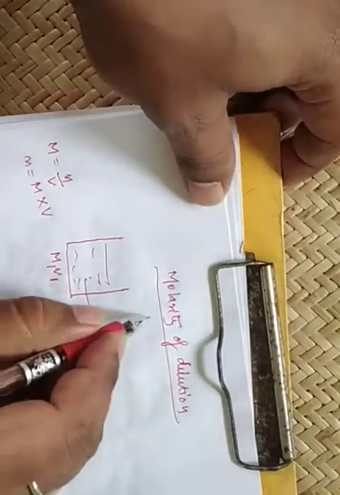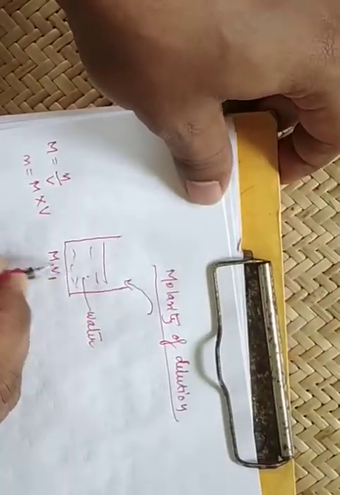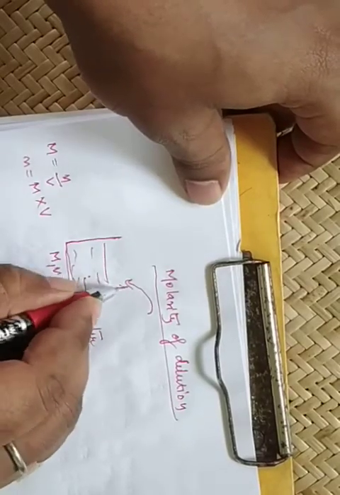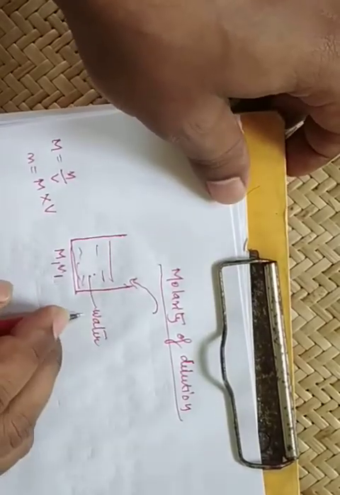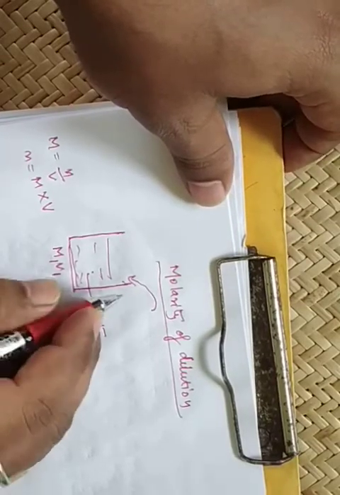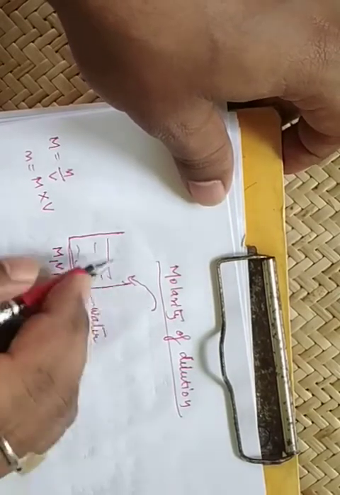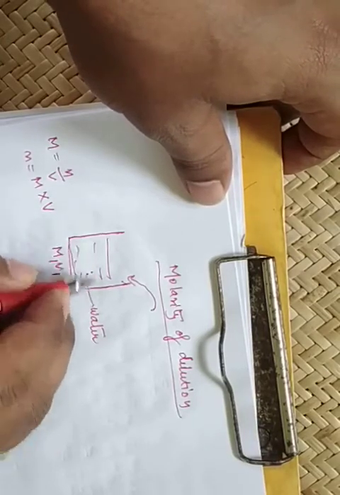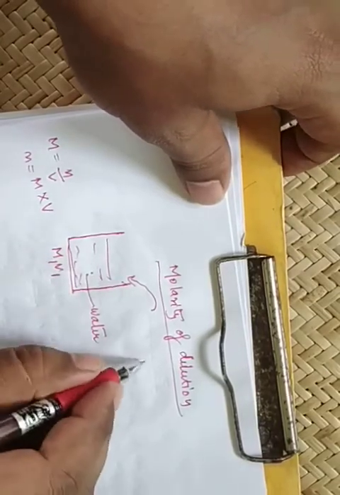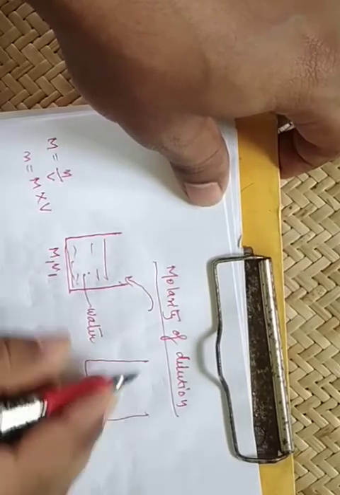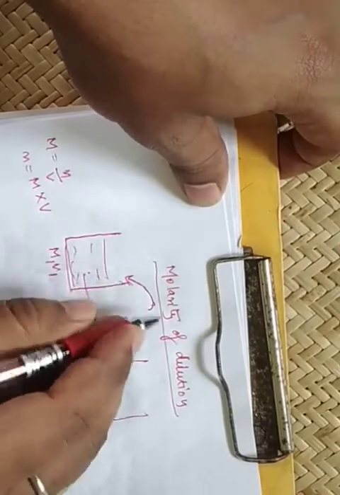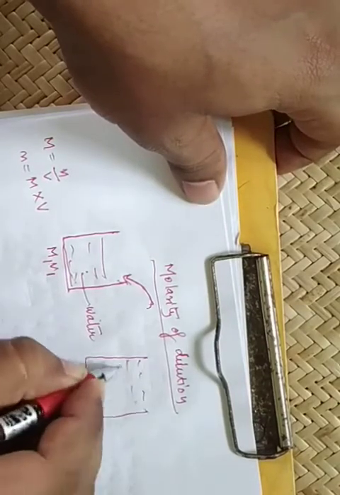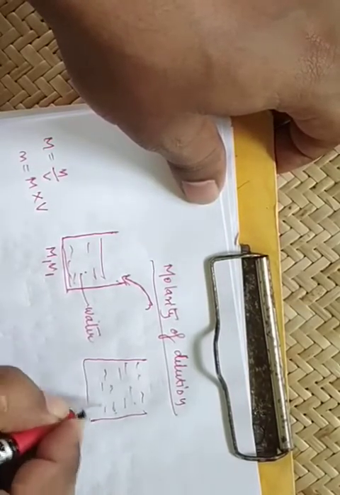Okay, now we add some water. Suppose you have any type of solute dissolved in this solution, for example a container with water and 10 gram of sugar. Suppose we add more water.